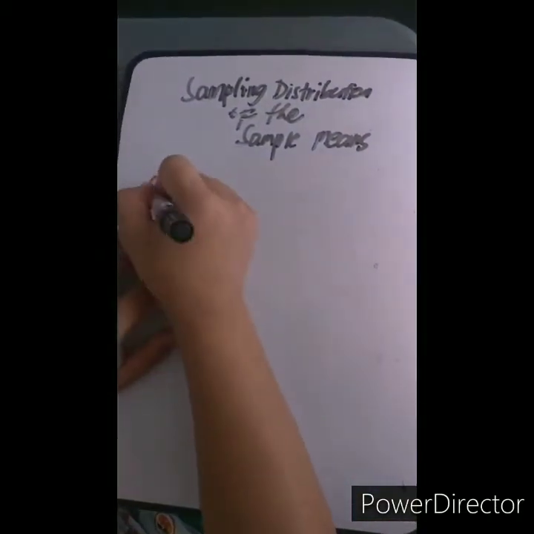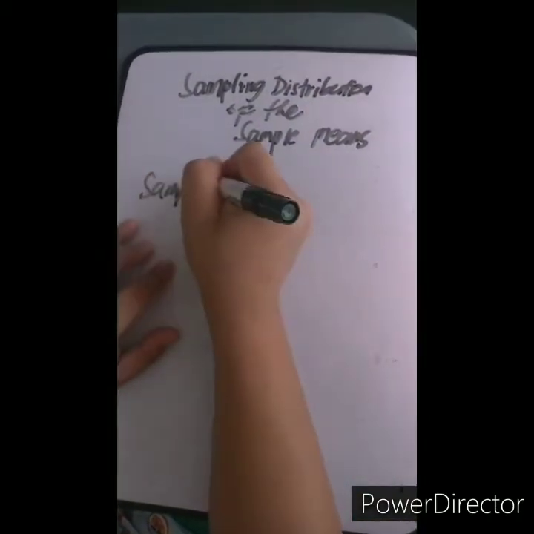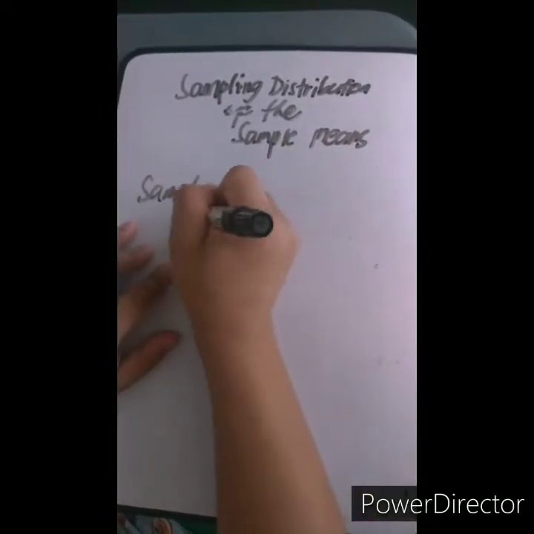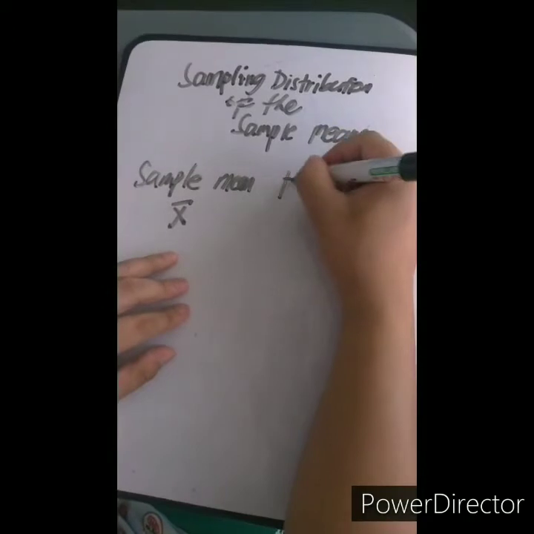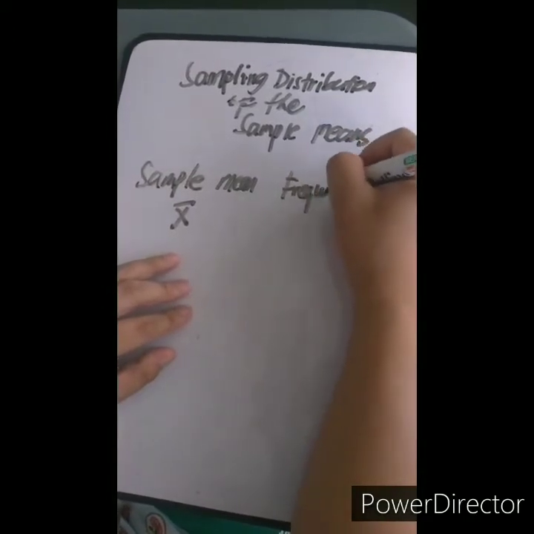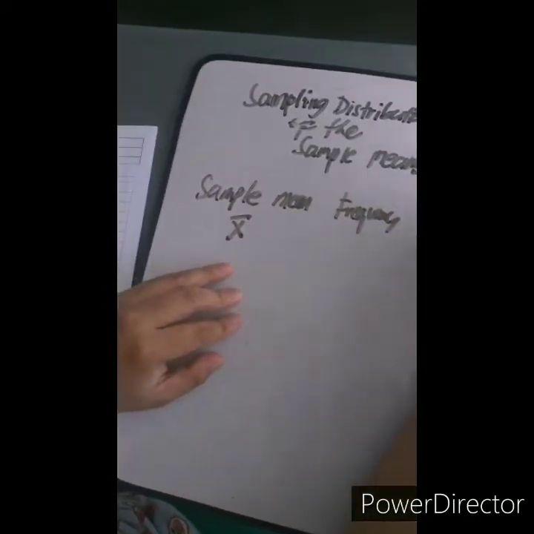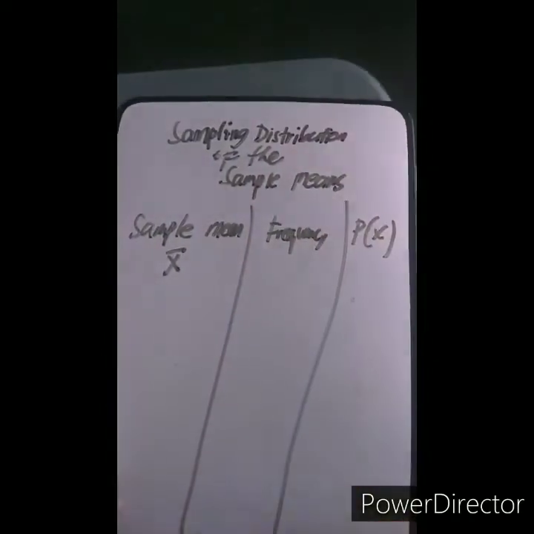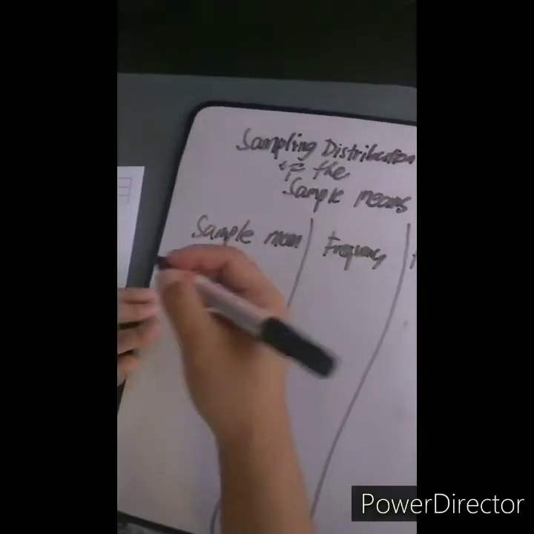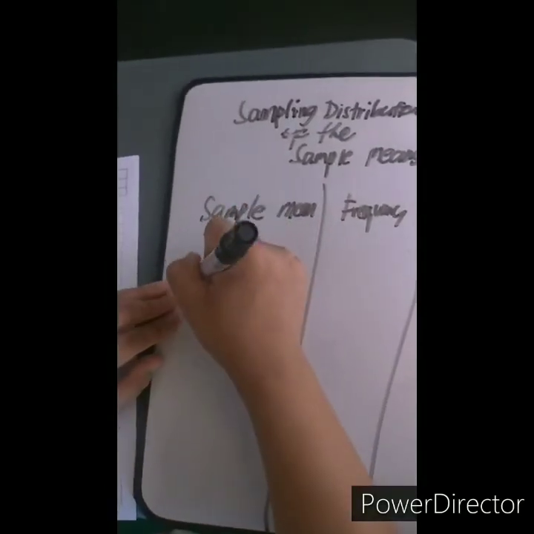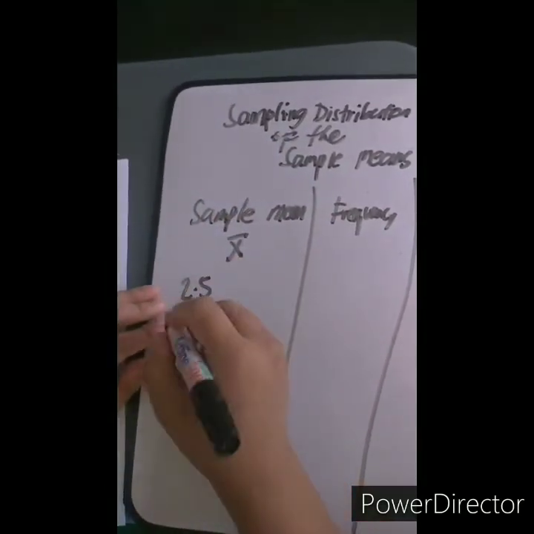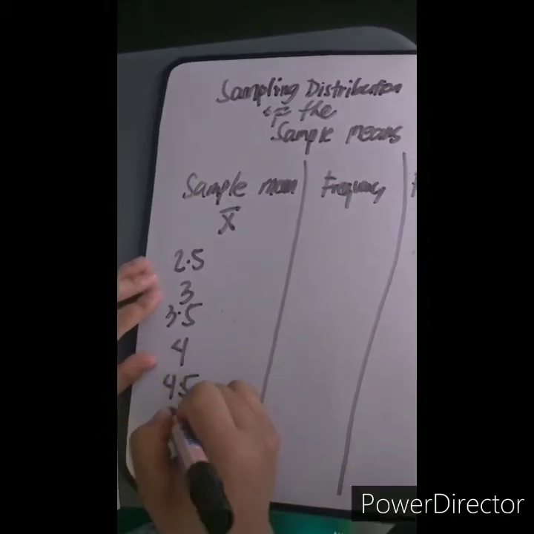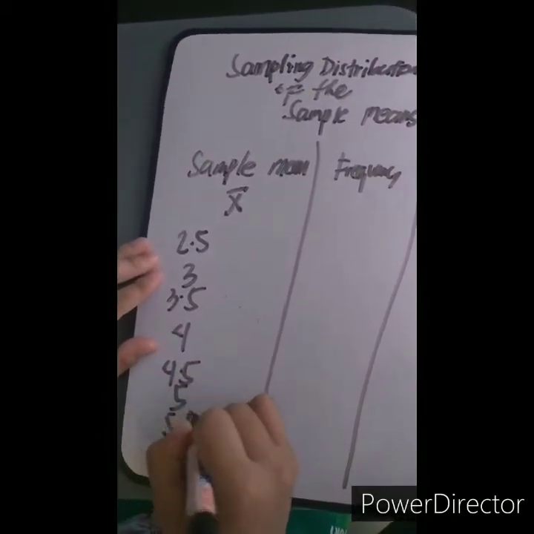We have here the sample mean, represented by x bar, the frequency, and the probability of x. So that will be your table. Let's construct it. Again, what are the possible sample means? We have 2.5, 3, 3.5, 4, 4.5, 5, and 5.5.